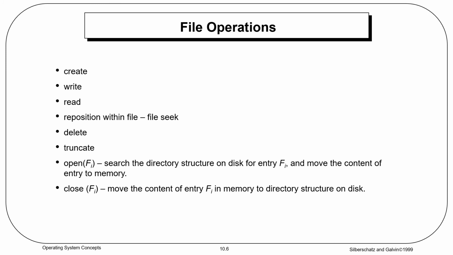For instance, we can create a copy of a file from one place to another, or copy the file to another I/O device such as a printer or a display, by creating a new file and then reading from the old and writing to the new file.